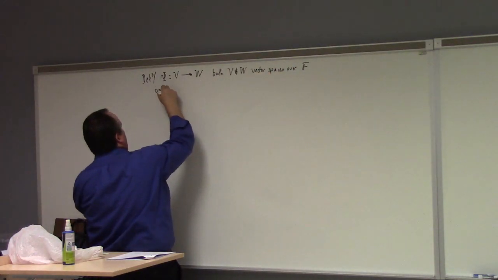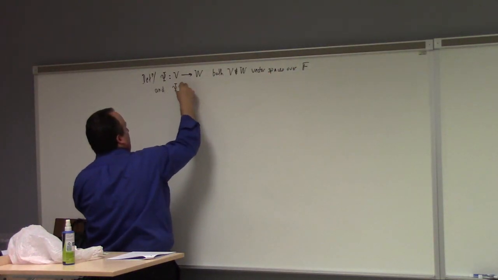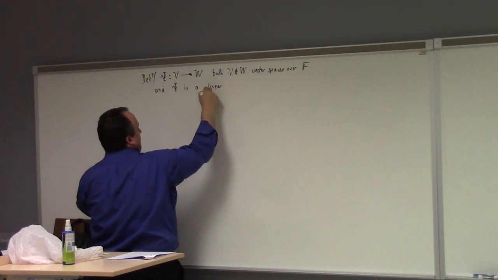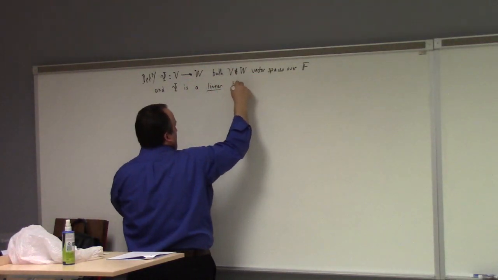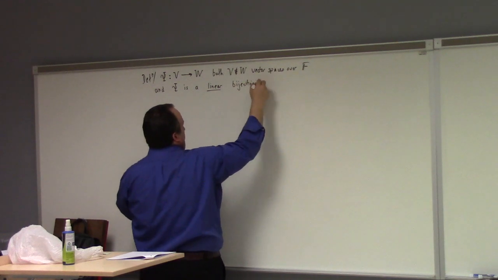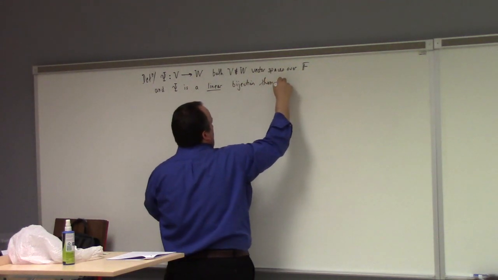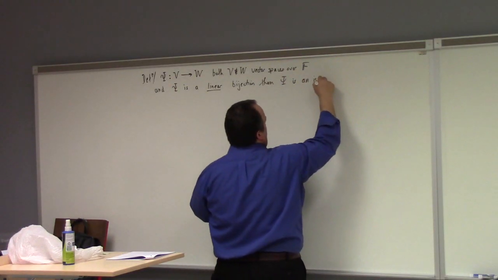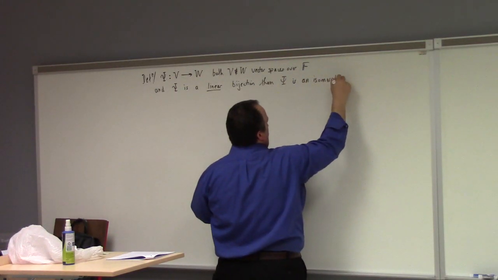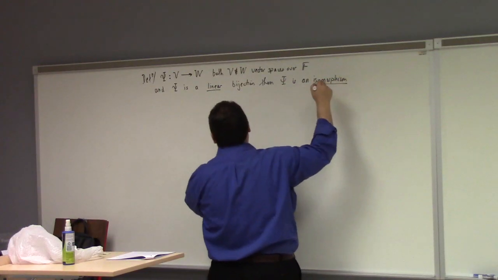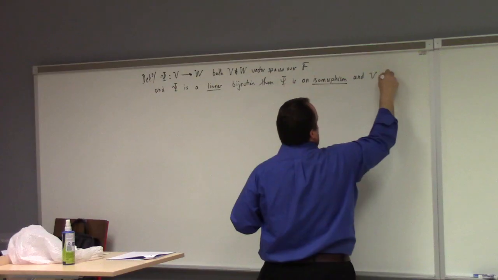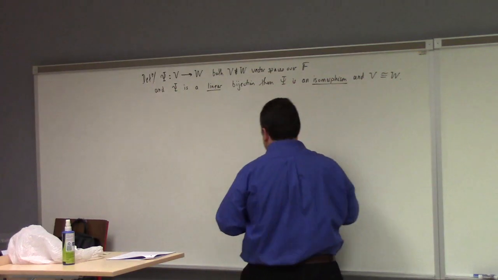And psi is a linear bijection. And psi is an isomorphism. And we say V is isomorphic to W.